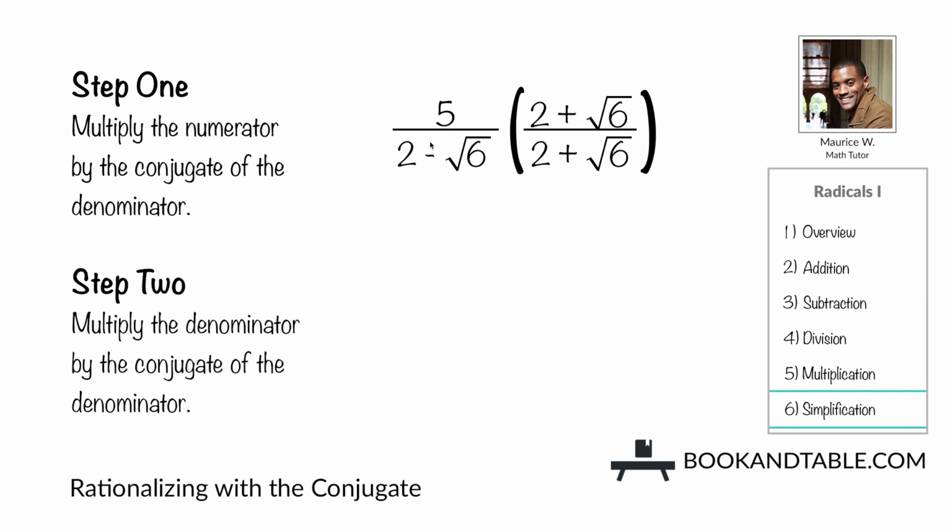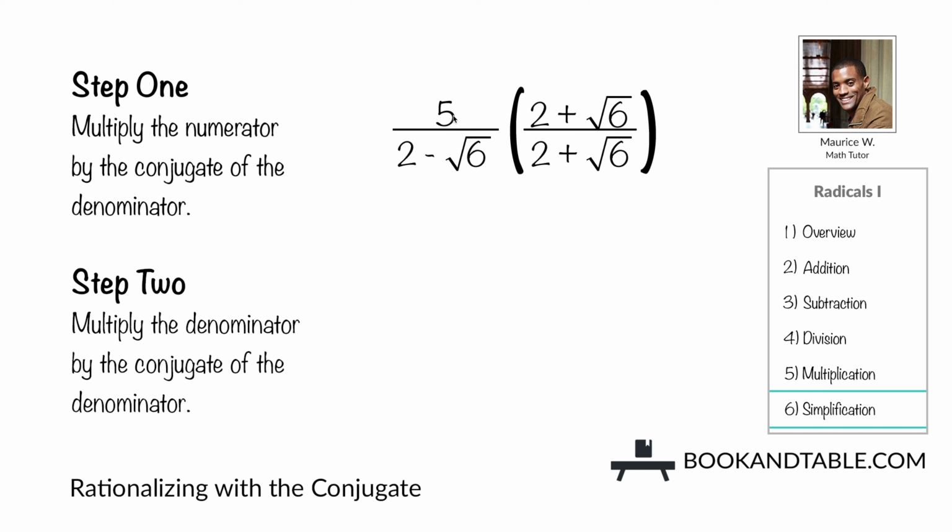So we multiply 5 over 2 minus the square root of 6 by 2 plus the square root of 6 divided by 2 plus the square root of 6. Anything divided by itself is equal to 1. Anything times 1 is itself. So by multiplying this fraction by this fraction, you are not changing the actual value of this fraction. You are just changing how you represent it.